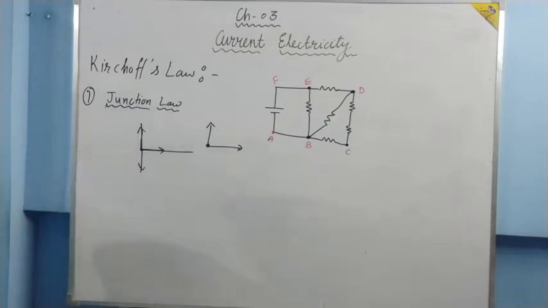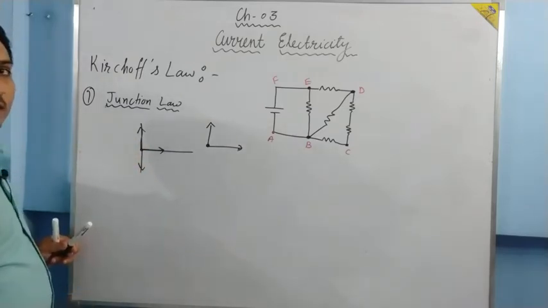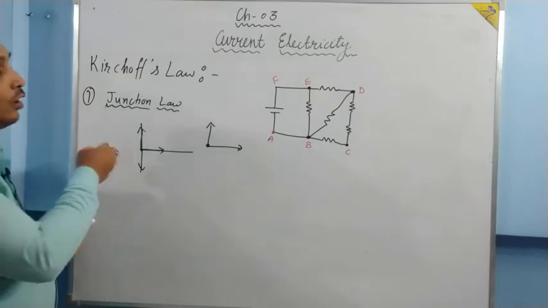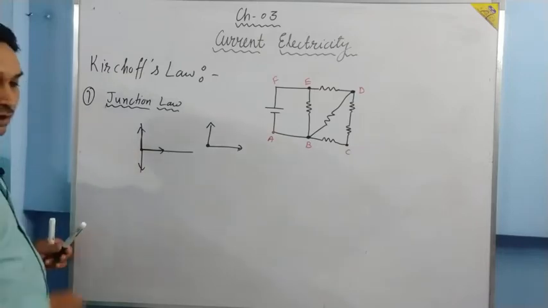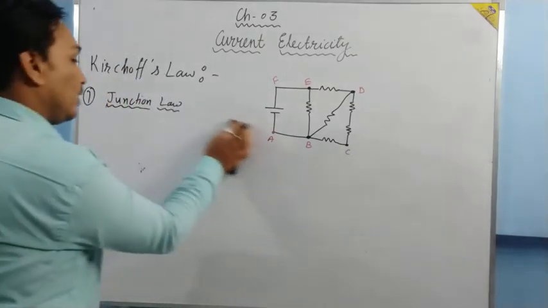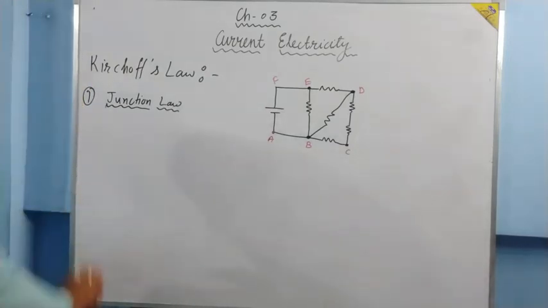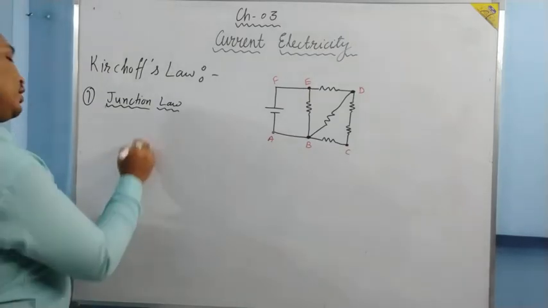At a junction, what happens? Some currents will come towards the junction and some current will go away from the junction. The current which is coming towards the junction is considered to be positive and the current which is going out is considered to be negative. Now, what does the junction law say?